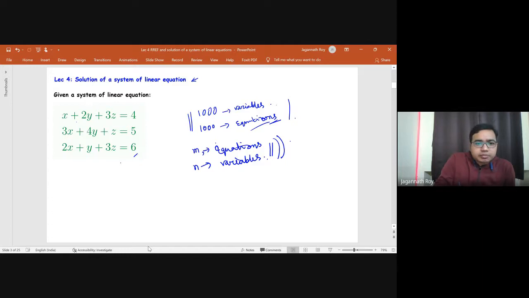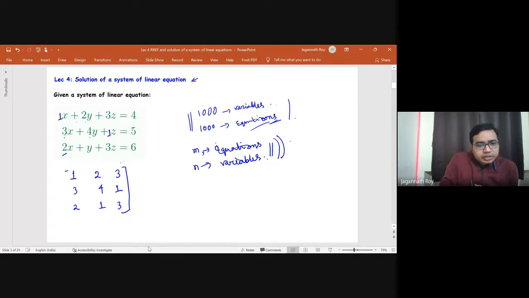So this system can also be written in the matrix form. Let us write the coefficients here: 1, 2, 3. The coefficients here are 3, 4 and 1. The coefficients of this third equation are 2, 1 and 3.